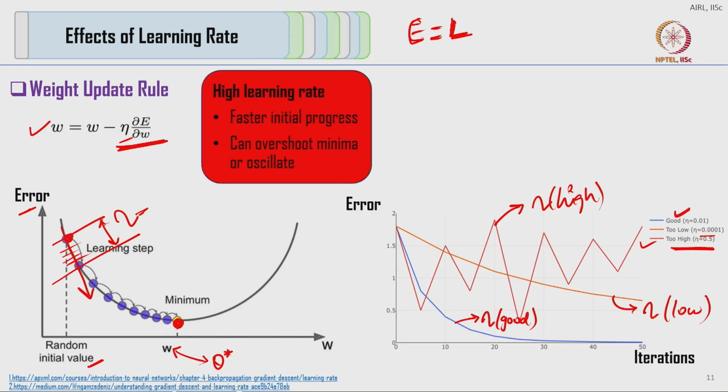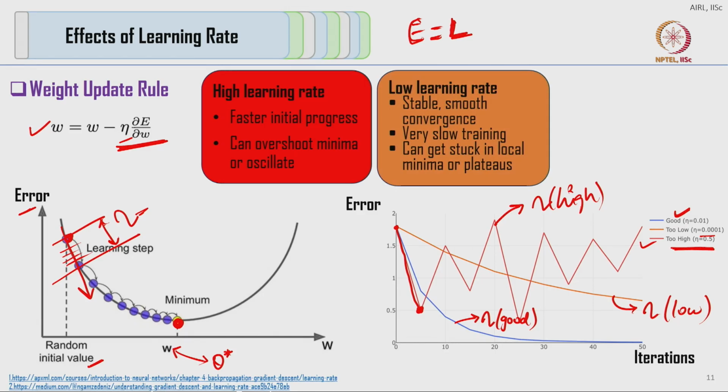So if I have a high learning rate, we observe a faster initial progress, which we see in this particular curve, where the red progresses very quickly to a low error. However, it will overshoot and start oscillating, which we observe in the red curve.